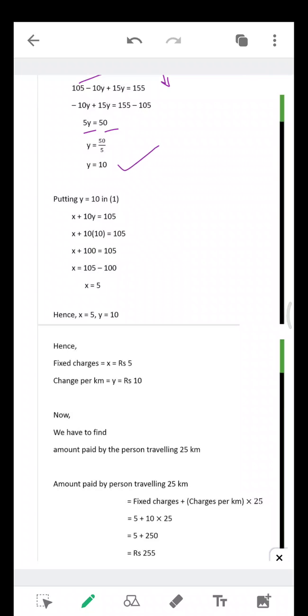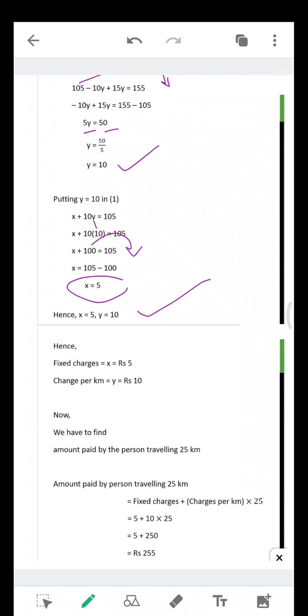Substitute this value of y in any one of the equations. So I am substituting in equation 1. If I substitute y value here, that is y is 10. So x plus 10 into 10 is 100, and x is equal to 105 minus 100, it becomes 5. So x is equal to 5 and y is equal to 10.